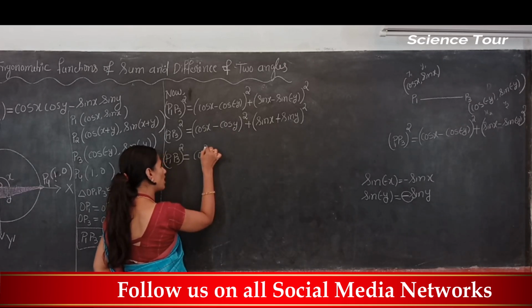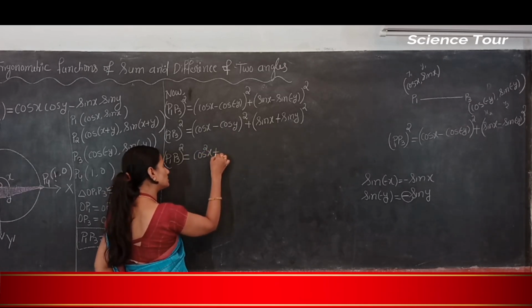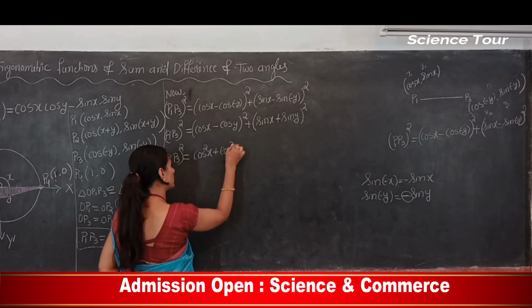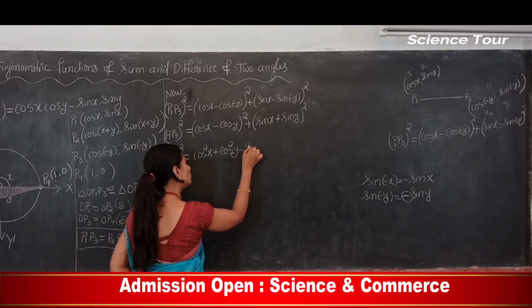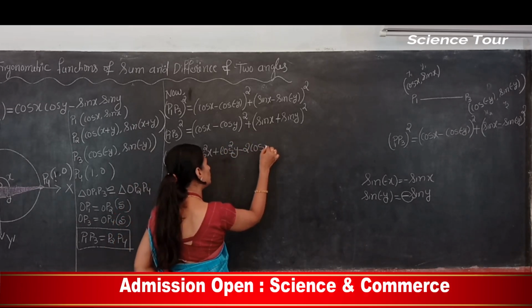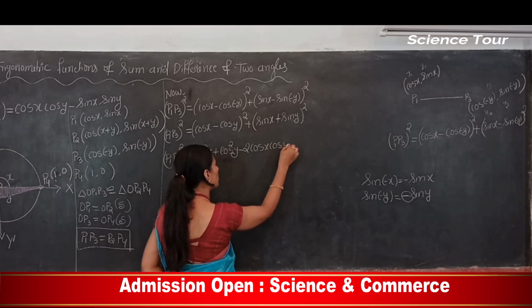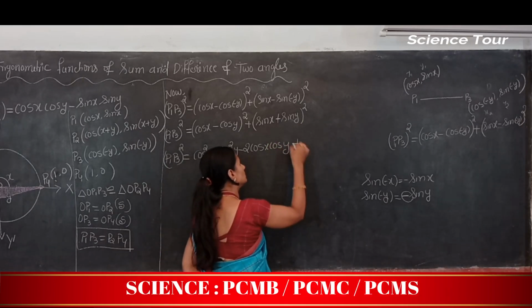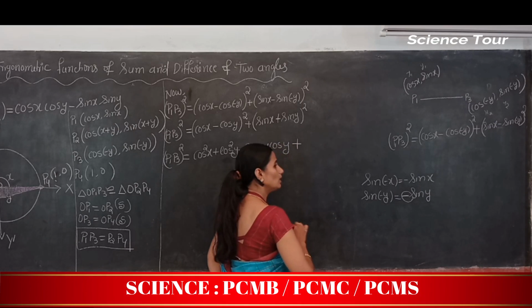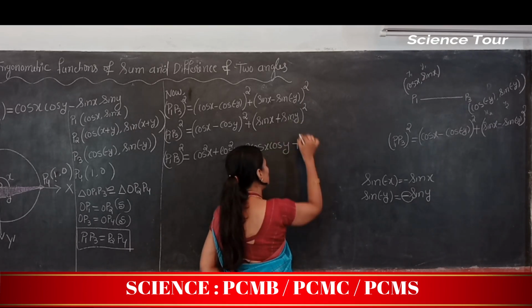So a square cos square x plus b square cos square y minus 2ab cos x cos y, plus (sin x plus sin y) whole square, (a plus b) whole square.